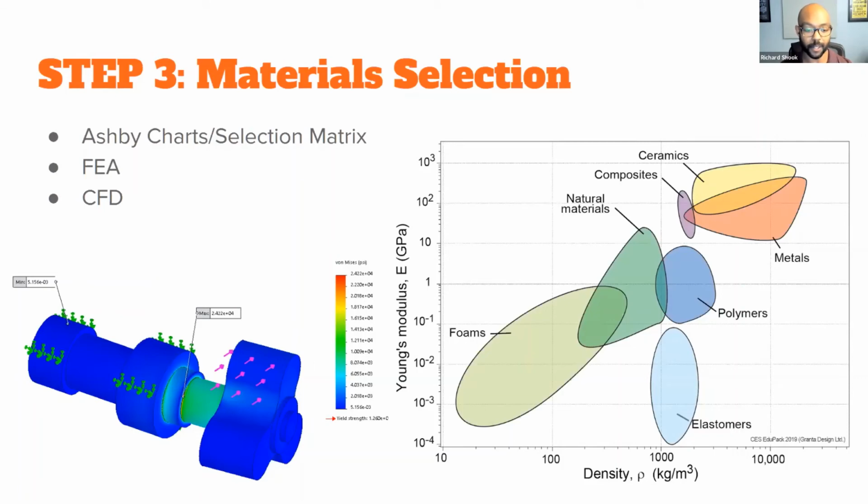What we chose for this one was a 17-4 stainless steel with an H1150 heat treatment. That got us up to 126,000 PSI in terms of the yield strength. And as you can see, the high point of the stress that we're seeing here is 24,000. So sure, it might have been a little bit over-engineered, but we are accounting for fatigue life as well. You do also have to incorporate that when you're looking at what kind of materials you're considering.